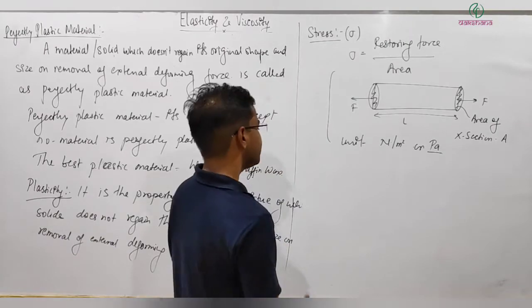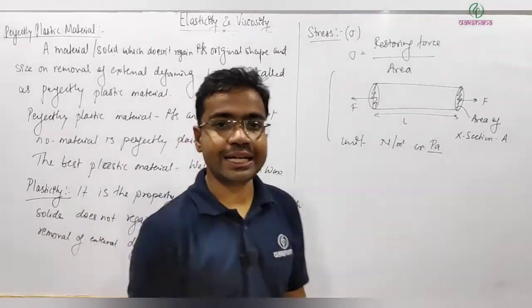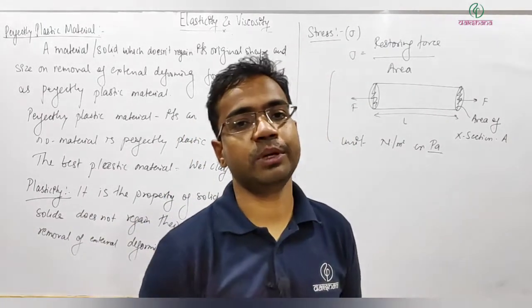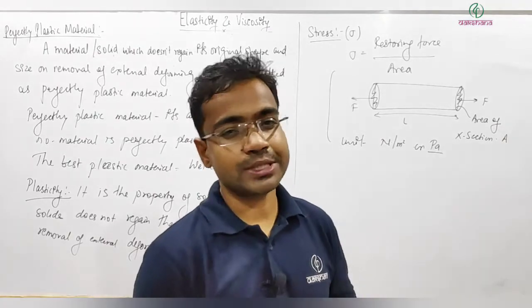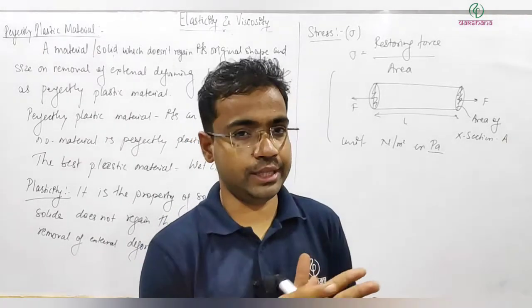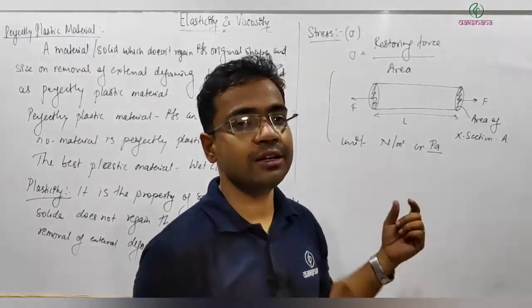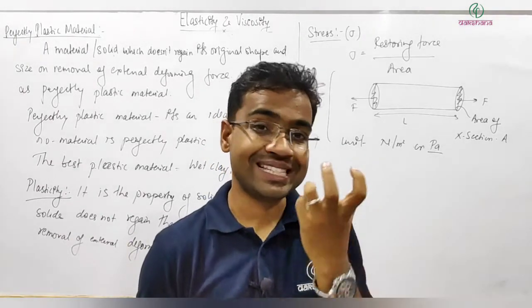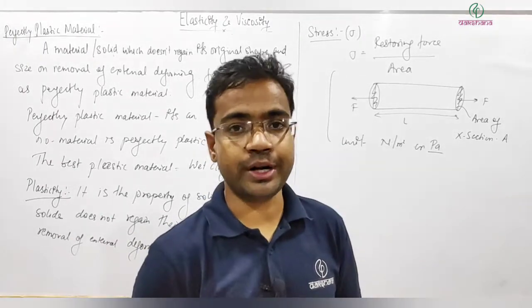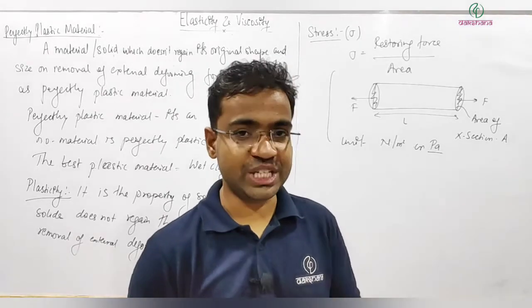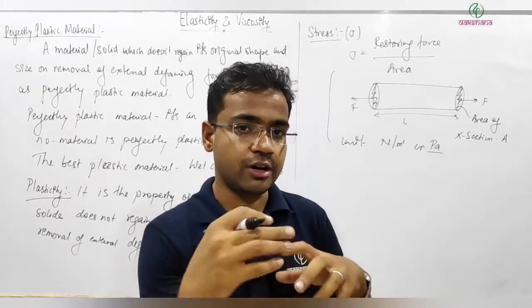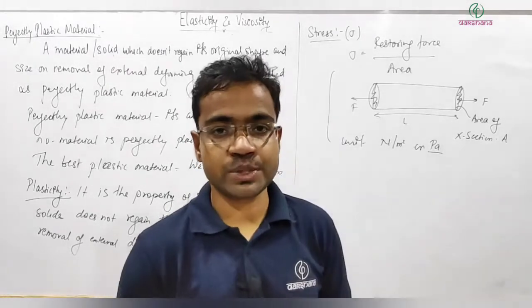Now, based on how exactly we apply the deforming force, because there is not a single way to apply force or to deform a body, there can be multiple ways, we define different types of stresses.